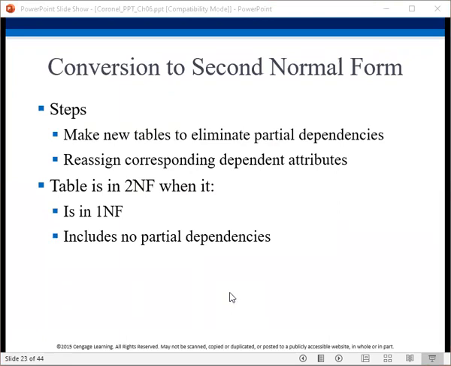So we want to decompose that table to eliminate partial dependencies, and then reassign the dependent attributes to the appropriate table. So a table is in second normal form when, first, it starts in first normal form, and we eliminate all partial dependencies.